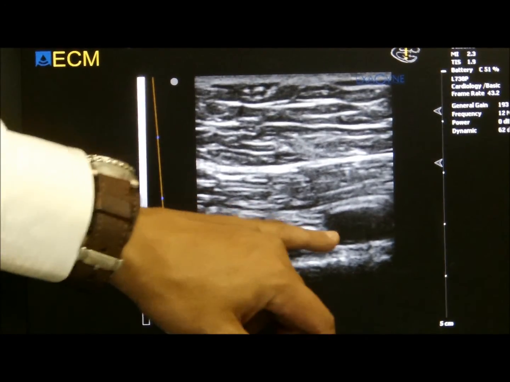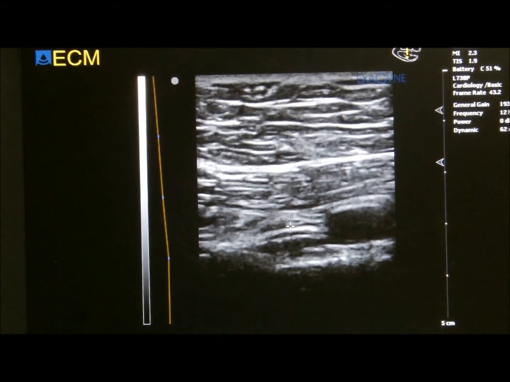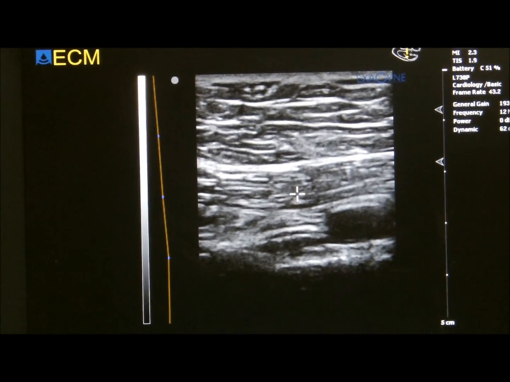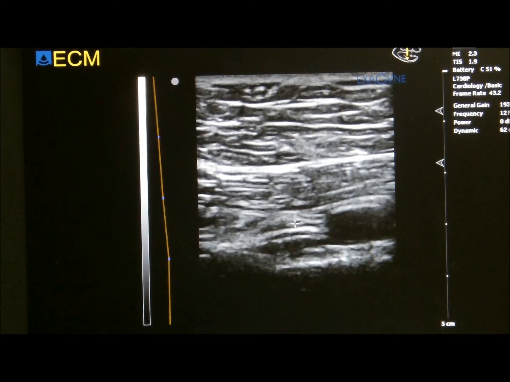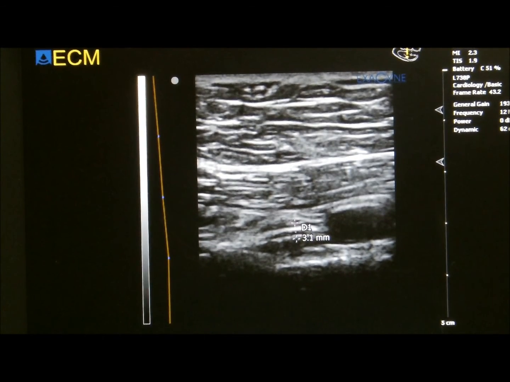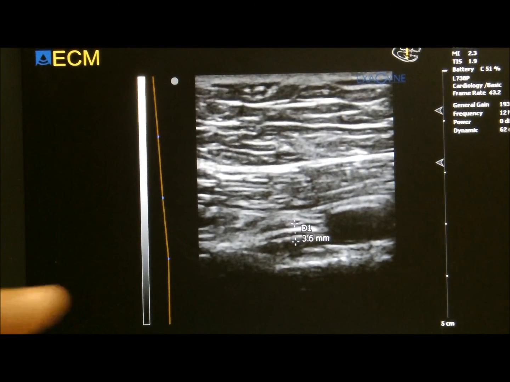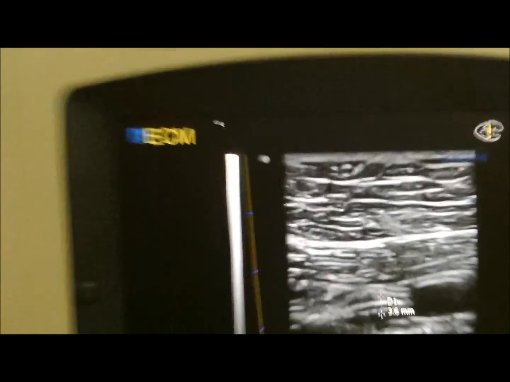So this is likely to be the appendix, and you could measure it side to side. It should not be more than 7 millimeters. It's about 3.6 millimeters. We consider it inflamed if it's more than 7 millimeters. So that's the images of acute abdomen ultrasound.